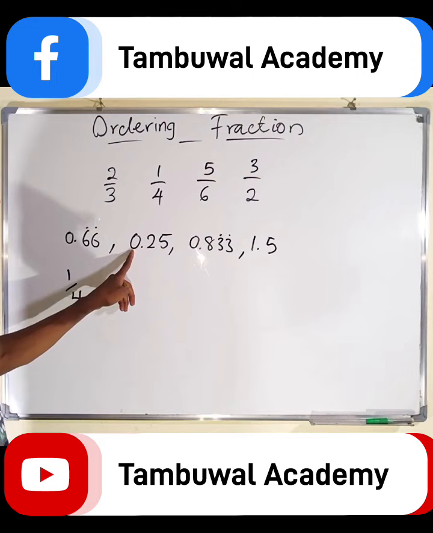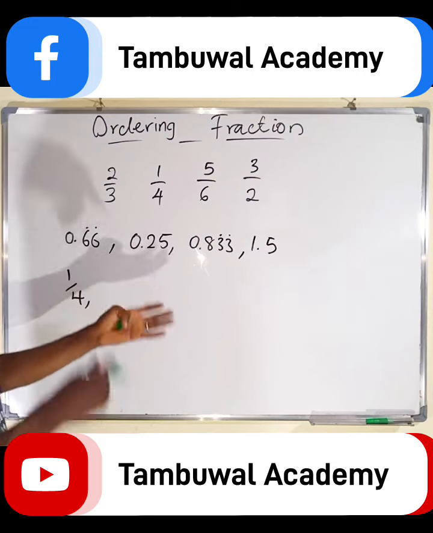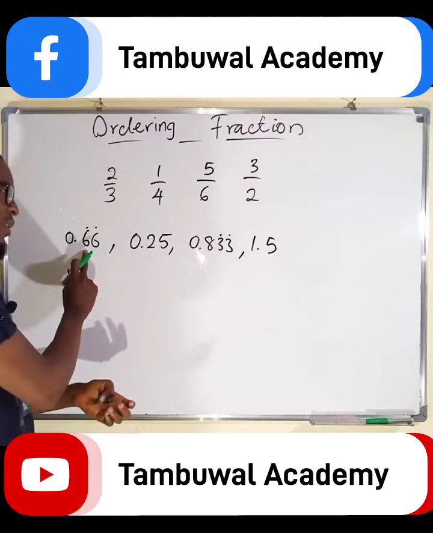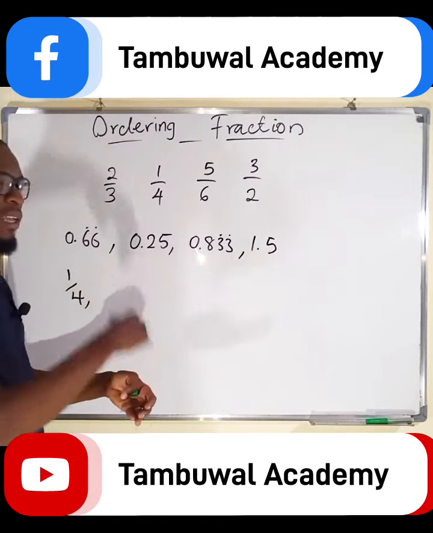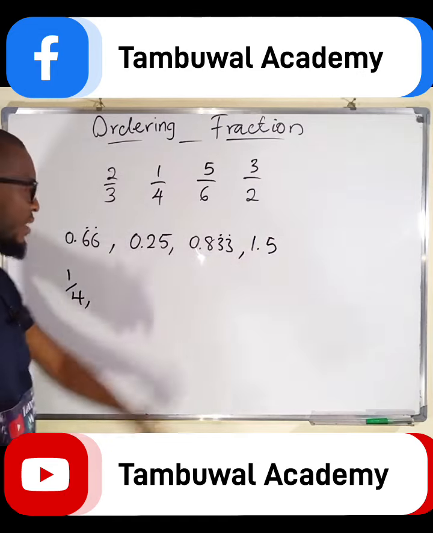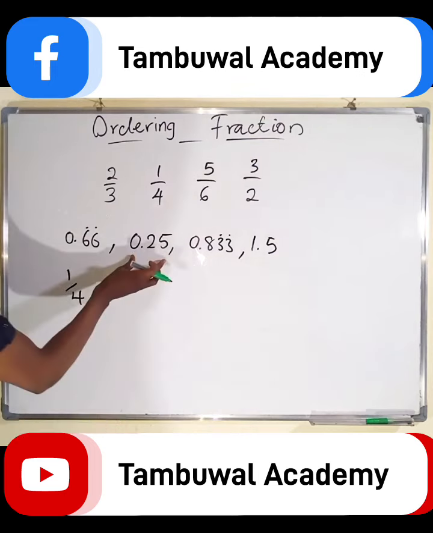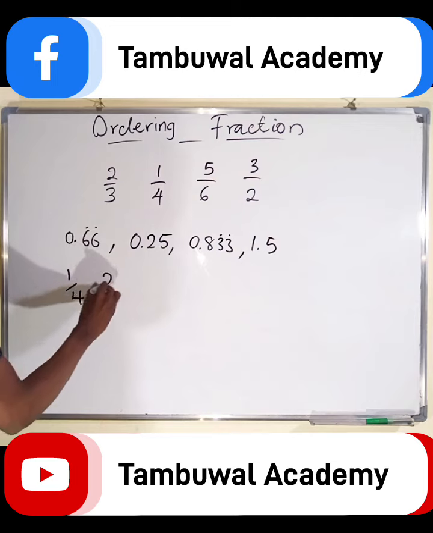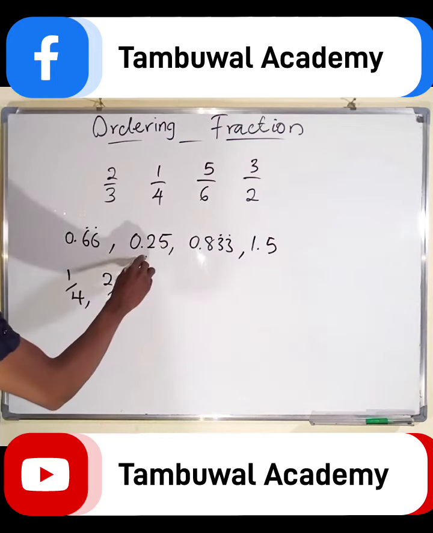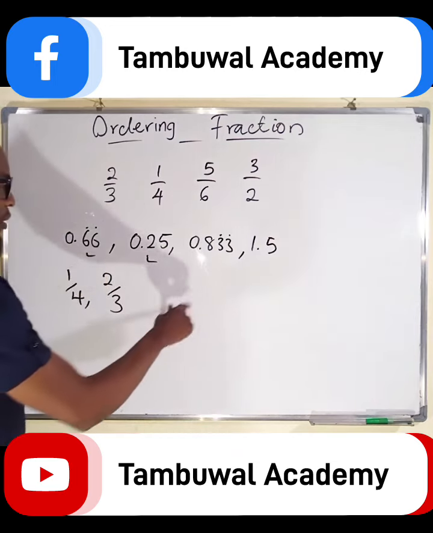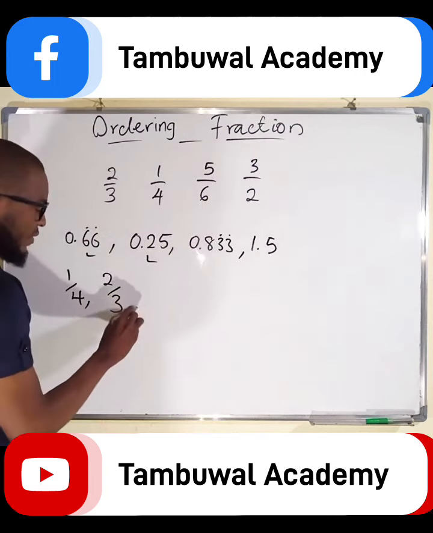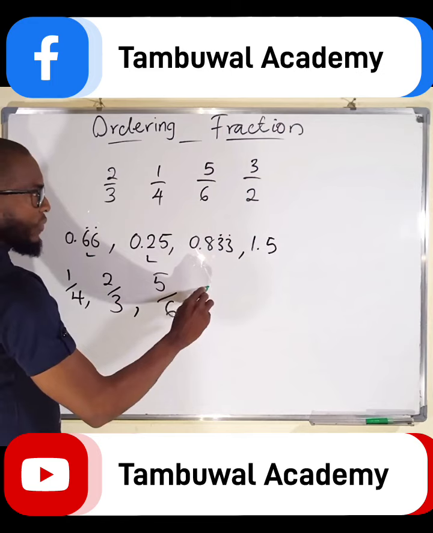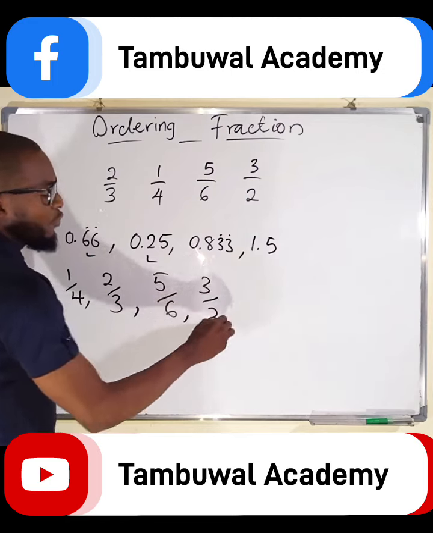Followed by this, which is 0.66, which corresponds to 2 over 3. Followed by this, 5 over 6. And lastly, we have 3 over 2.